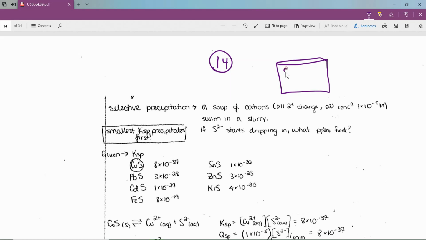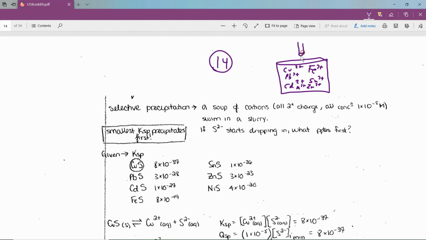So I got copper 2+, and lead 2+, and cadmium 2+, and iron 2+, tin 2+, zinc 2+, and nickel 2+. So those are all swimming around aqueous in a solution, and now I start to drip in an anion.